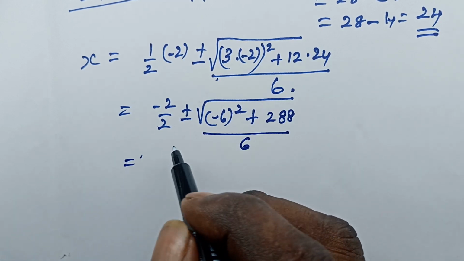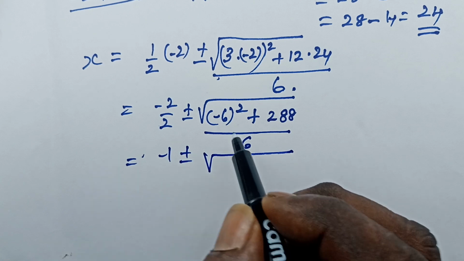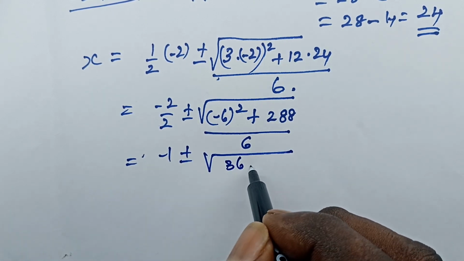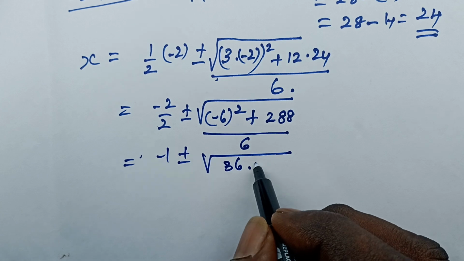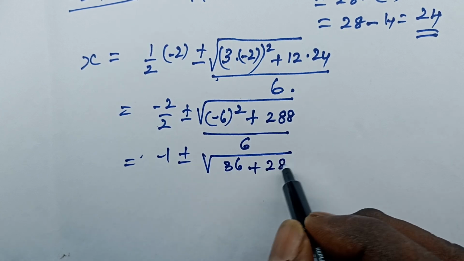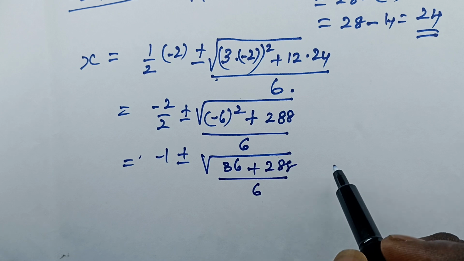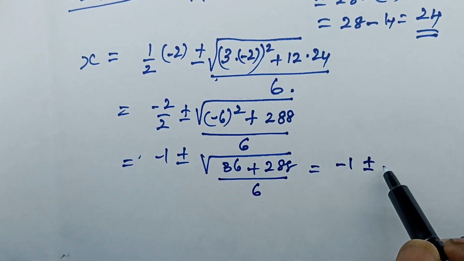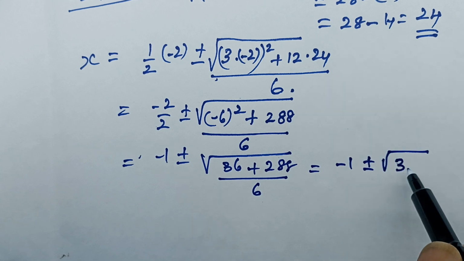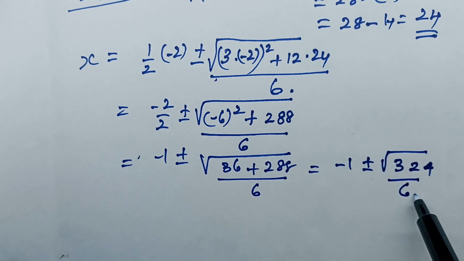Here minus 2 by 2 equal to minus 1 plus or minus root of 6 square 36 plus 288 by 6, equal to minus 1 plus or minus root of 324 by 6.